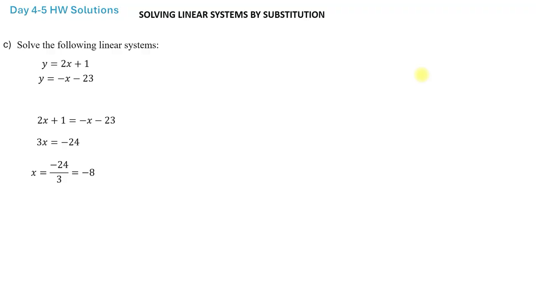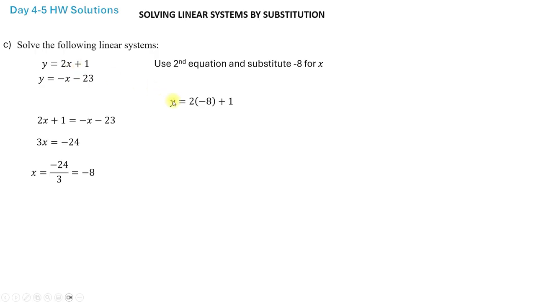Once I have a value for x, I can plug it back into the equations. I'll use the second equation this time. So plugging negative 8 in for x gives me y equals 2 times negative 8 plus 1. Slight correction here. I ended up using the first equation here.